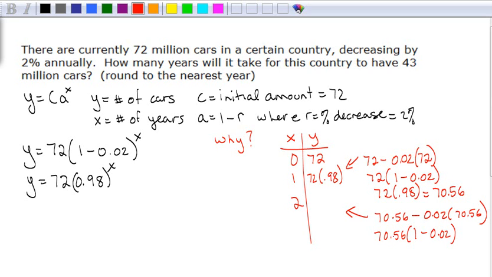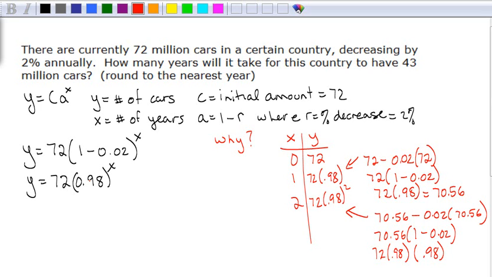So this value we know is 72 times 0.98, and this one is another 0.98. So then you get 72 times 0.98 squared, which is what you'd get if you plug in a 2 here. So you can see that for the decay factor, we're multiplying by 0.98 every time, and we're starting with 72. So that's where this formula comes from.